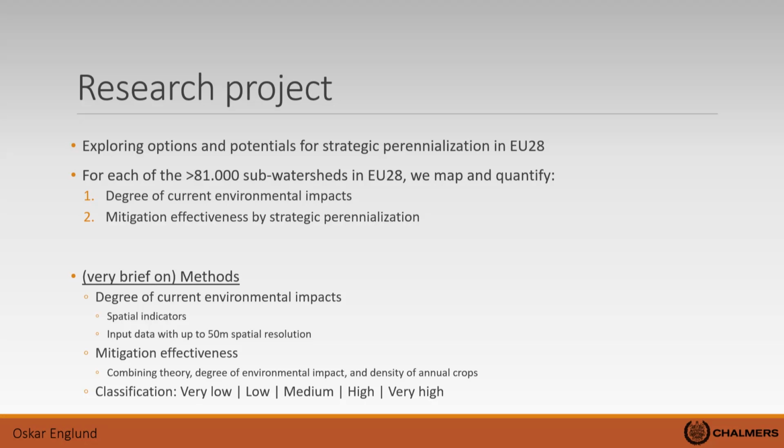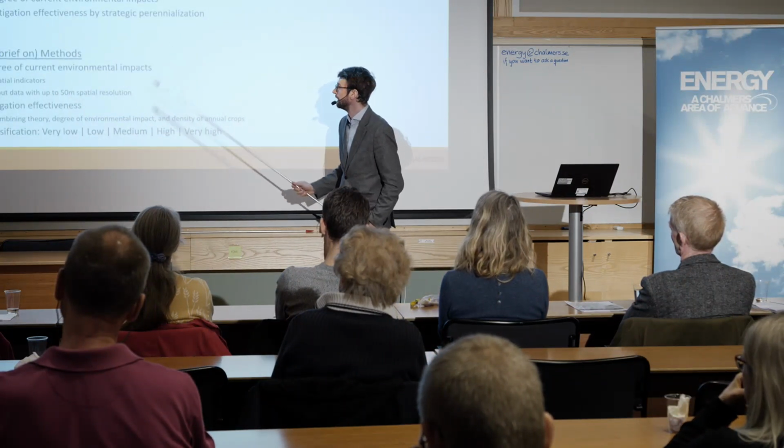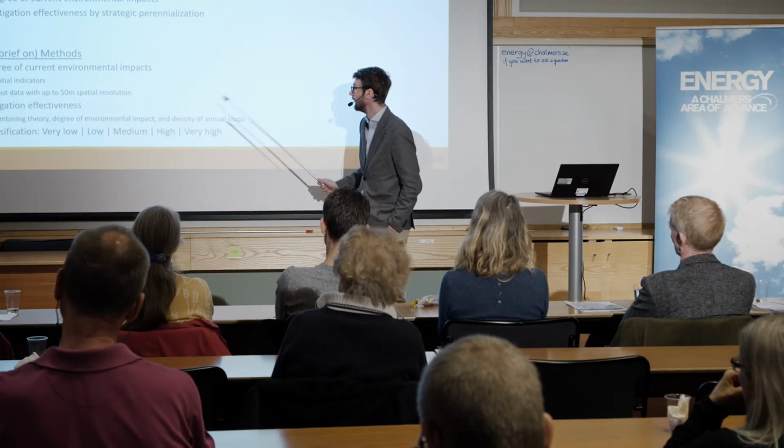And for the mitigation effectiveness, we combined the degree of environmental impact with the theory on how effective perennialization would be in mitigating the impact, as well as the density of annual crops in the landscape. And I will get back to this on the next slide, what that means. So for each landscape, we classified the degree of current environmental impact from very low to very high.